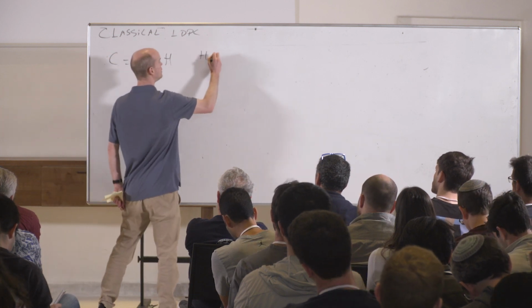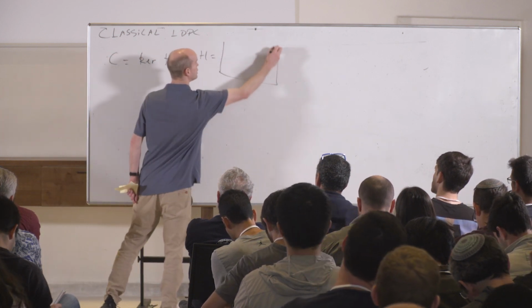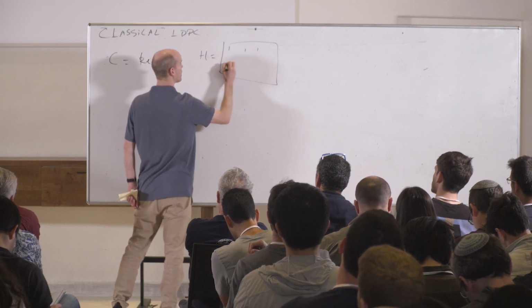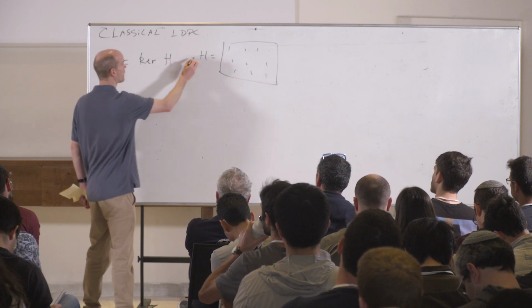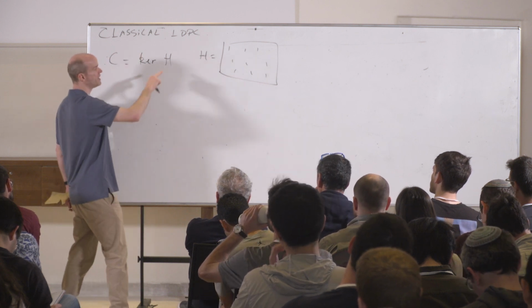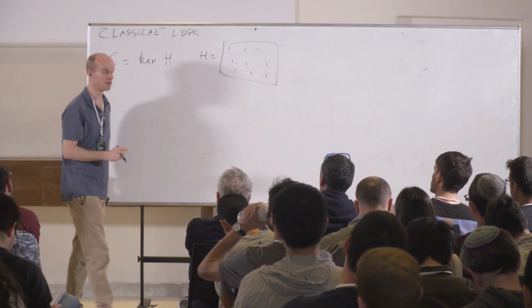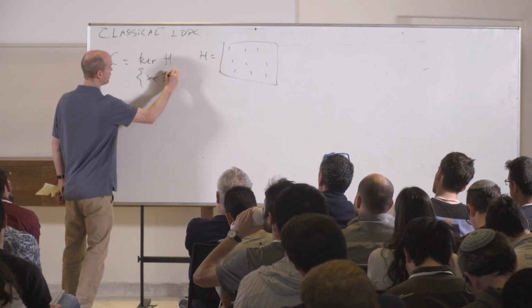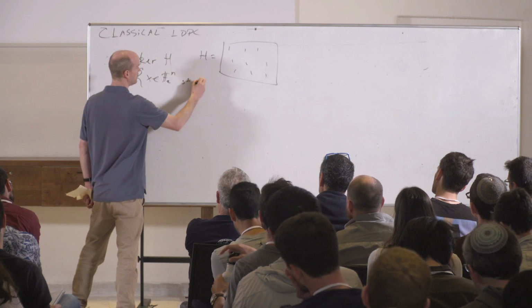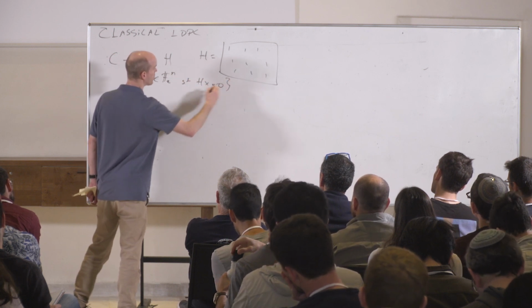H is just a 0-1 matrix, and the code space is any vector in the kernel of this matrix: the set of x of length n such that Hx equals 0.